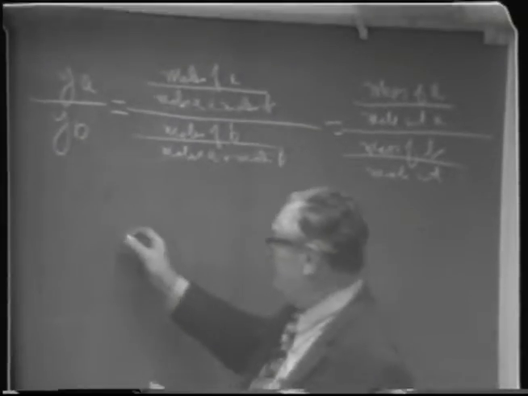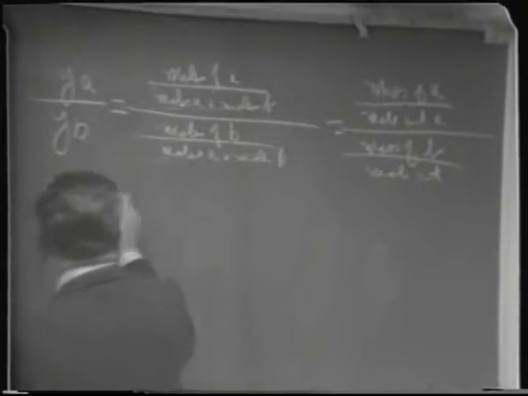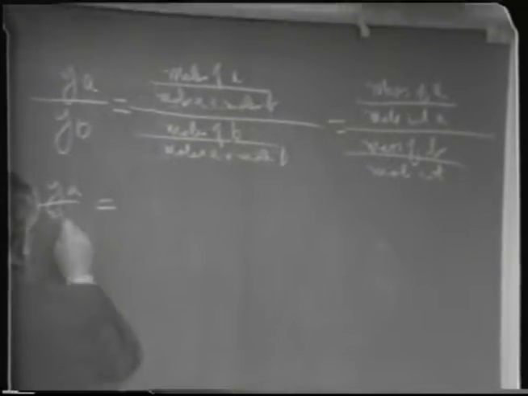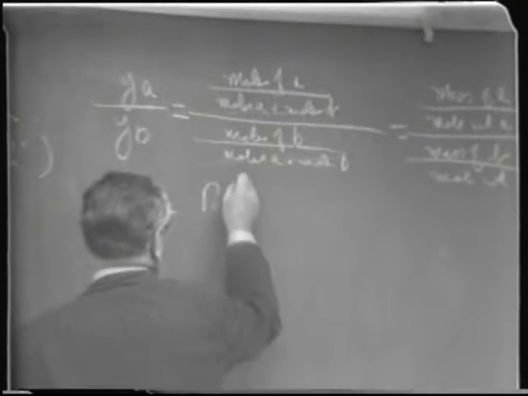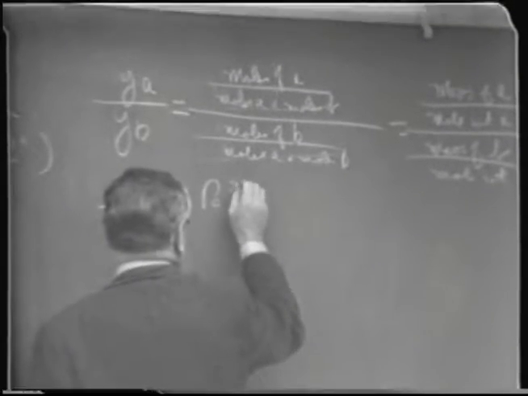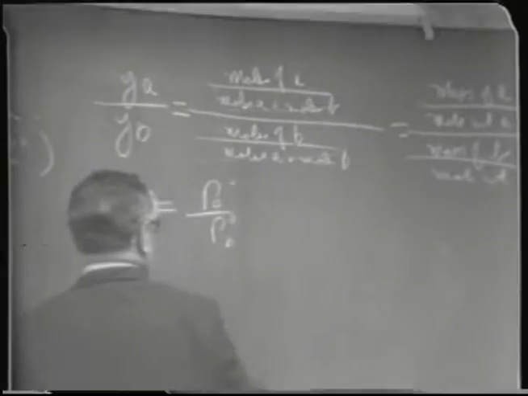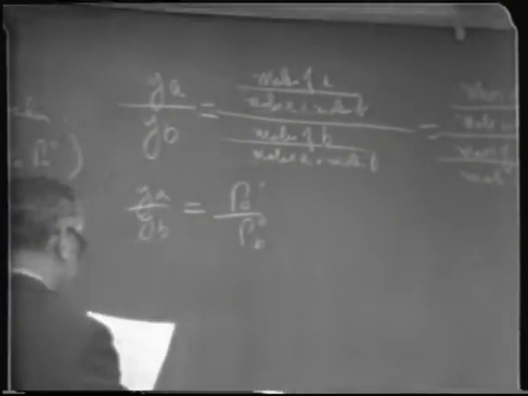And as we said before, Y sub A over Y sub B is equal to P sub A zero over P sub B zero.